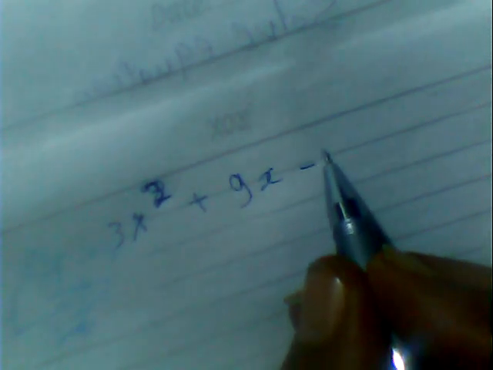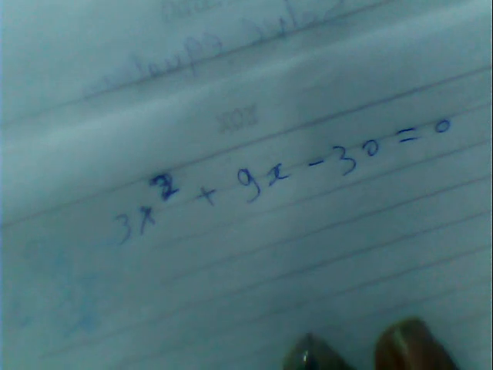We take 3x square plus 9x minus 30 equals 0. We need to solve this.